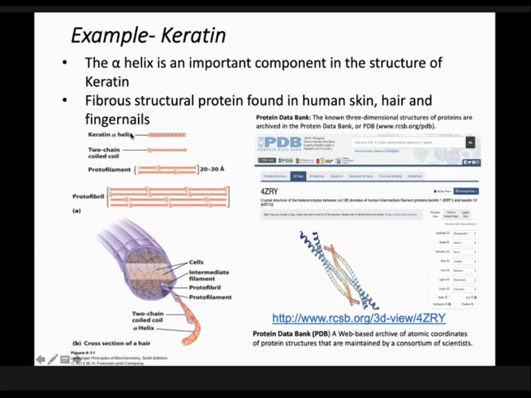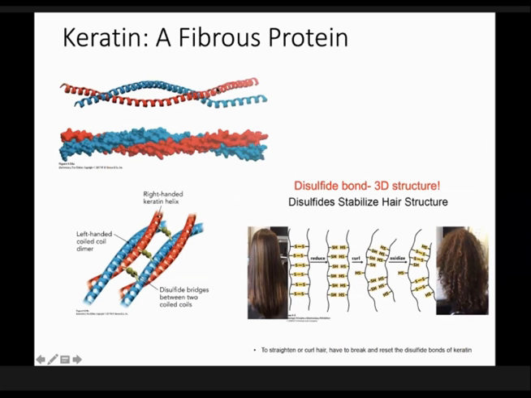That is the case of a very important protein present in our hair, which is keratin. This is the secondary structure of keratin. There's a lot of alpha helix in there. It's considered a fibrous structural protein, and it's just alpha helix.